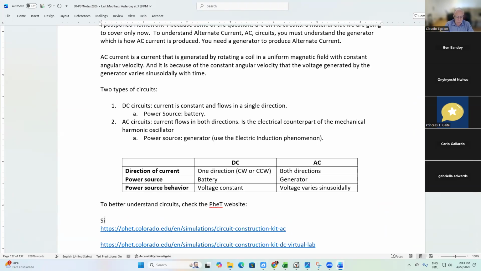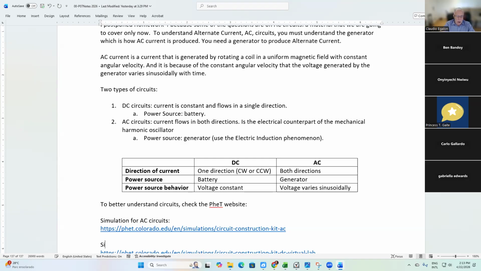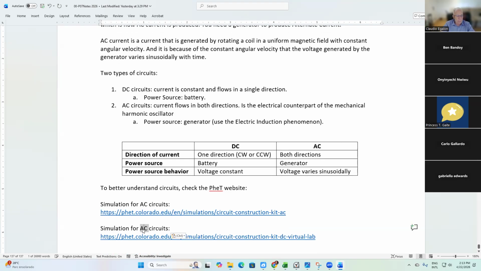Okay, simulation for AC circuits. Simulation for DC circuits.